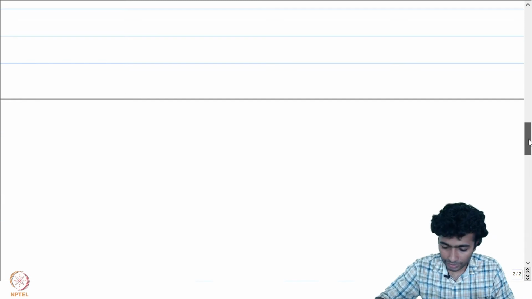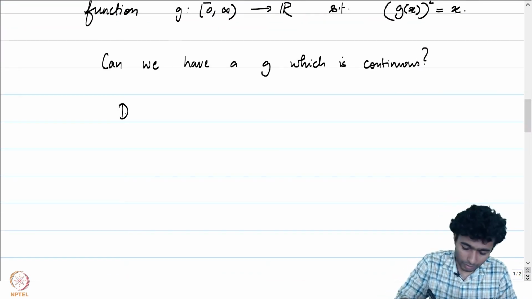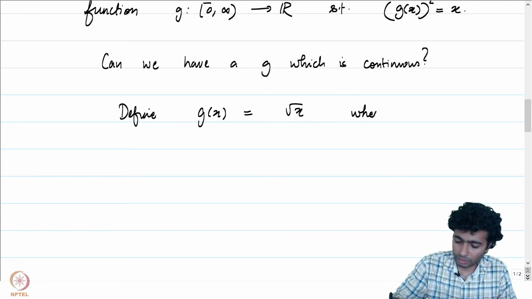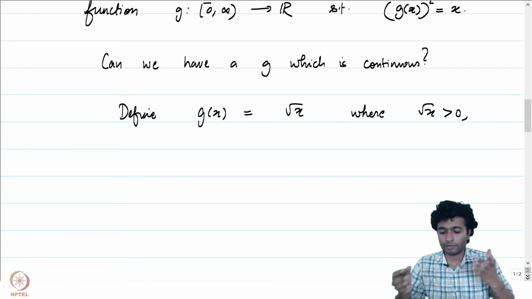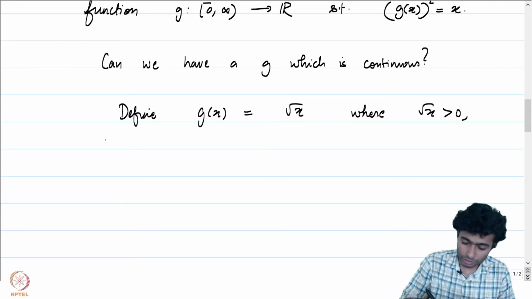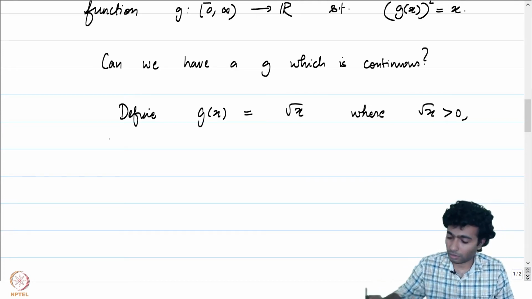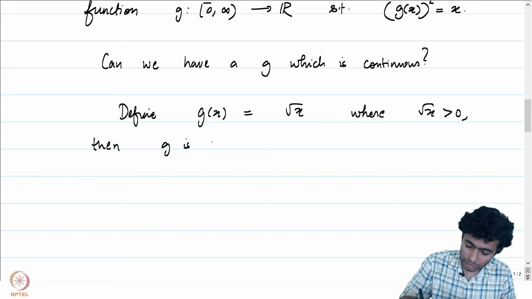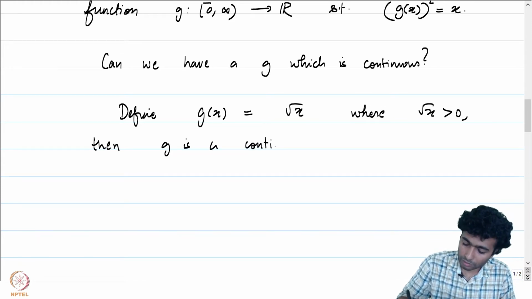So if we define g of x to be equal to the square root of x, where the square root of x is greater than 0, we managed to get a branch which is a continuous function. Then g is a continuous branch of the square root.